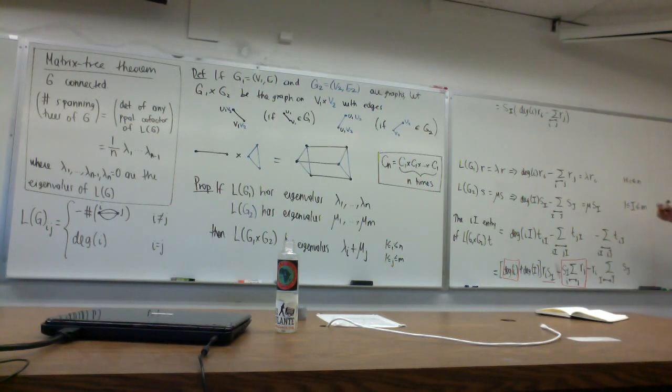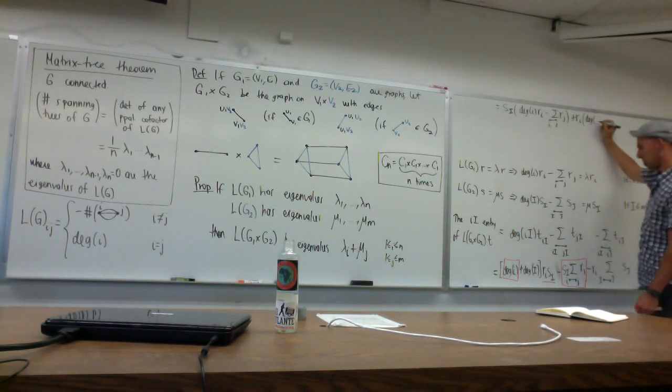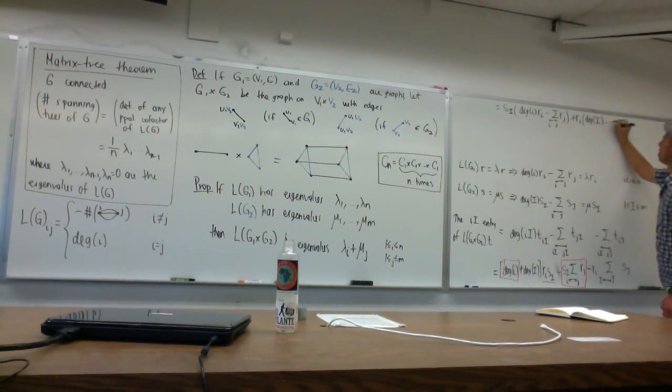And then when I join the other stuff, I get plus R i times the degree of capital I minus sum over neighbors of capital I. Oh, I forgot the S i minus sum S j. I get this, right?